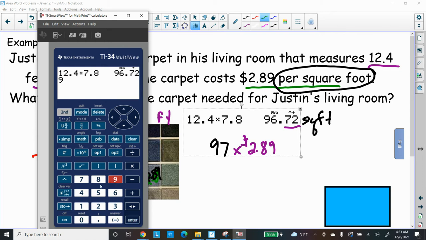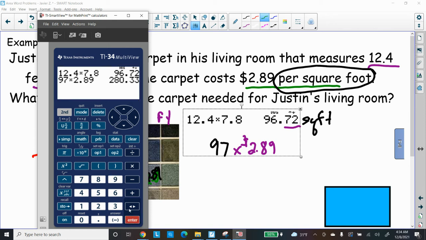So I'm going to take 97 feet, because he has to buy 97, since I rounded it off to the nearest whole number. And now I'm going to multiply that by $2.89. So he needs 97 square feet, and he's got to pay $2.89 for each one of those squares.